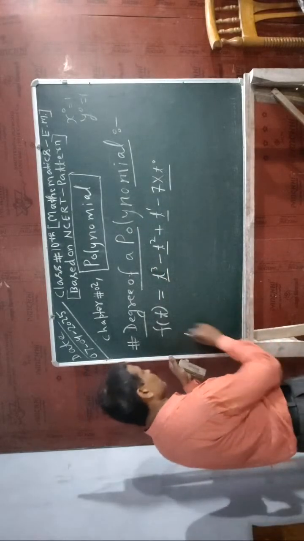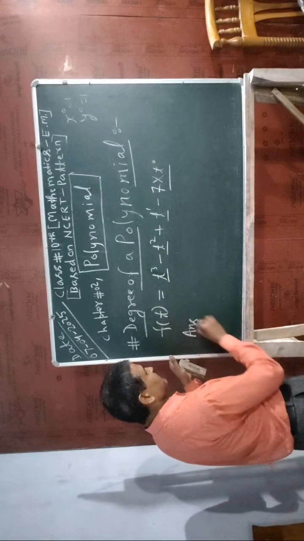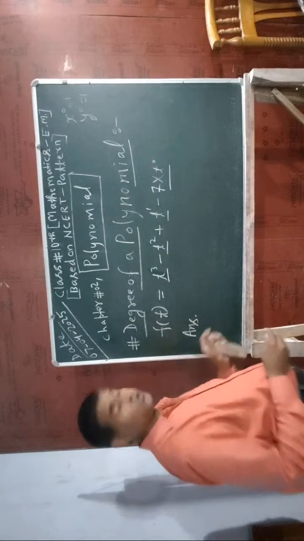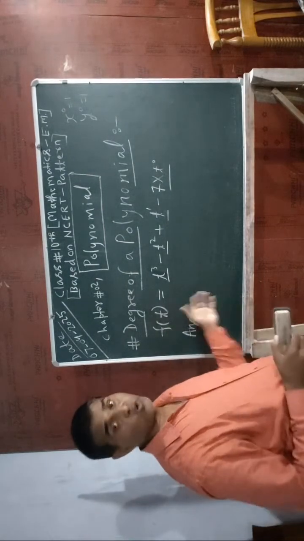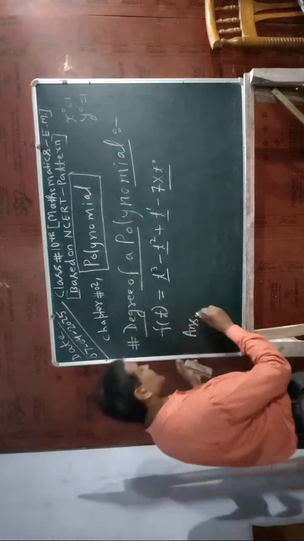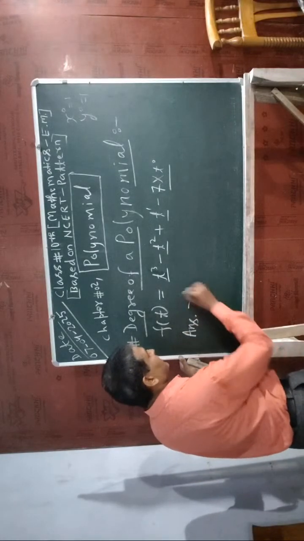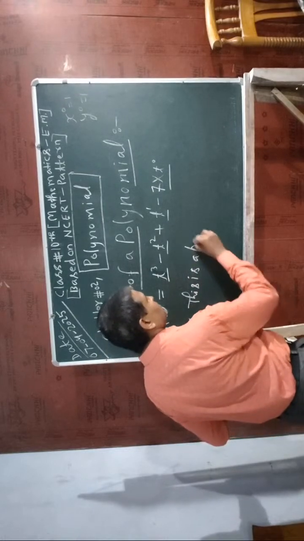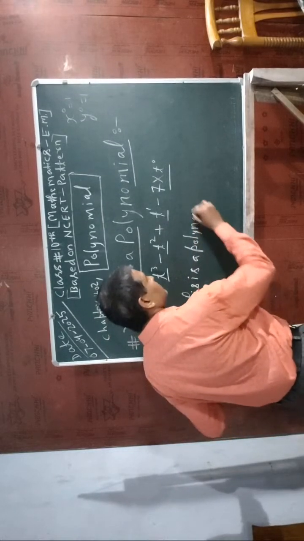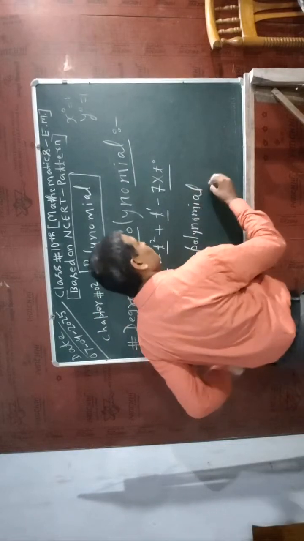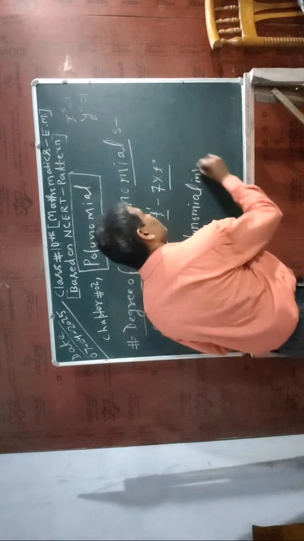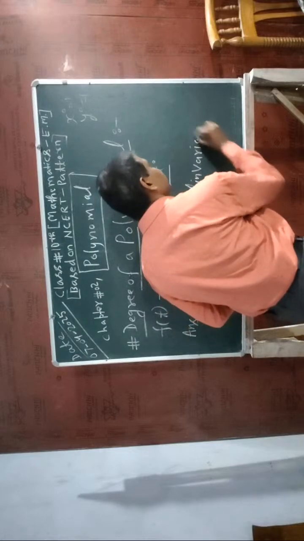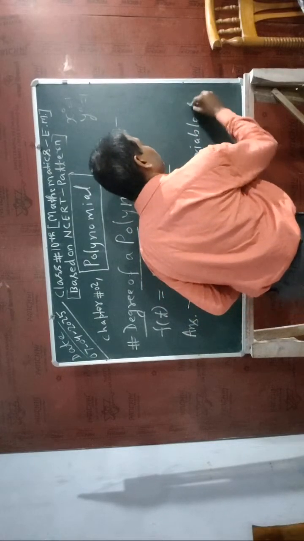So I am going to write the answer, and in this way you have to write the answer of such a polynomial in your copy. This is a polynomial in variable t.